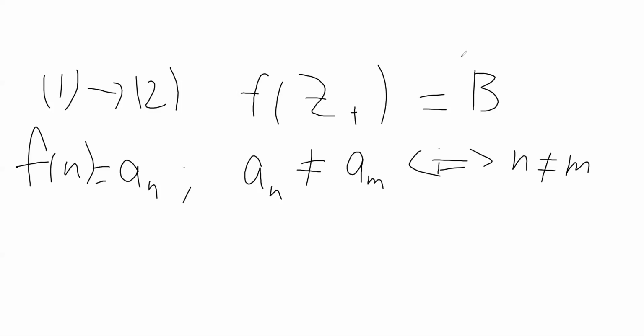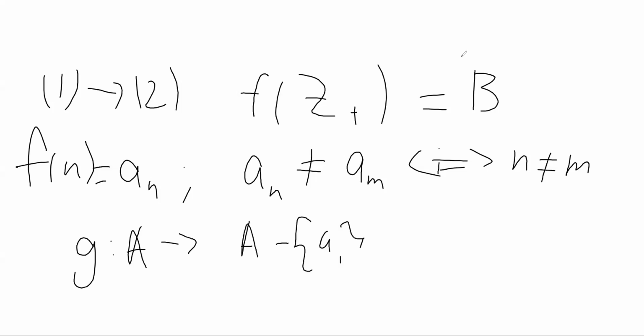And so we want to define the following function, g from A to A minus {a_1}. What does this mean? This function would be from all elements of A, but the images can be all elements of A except for a_1, because it's a difference of two sets.